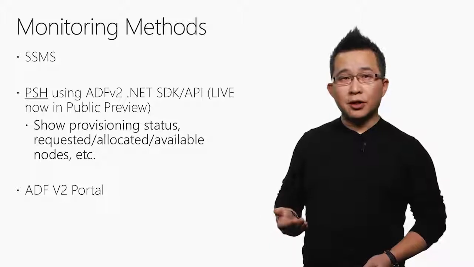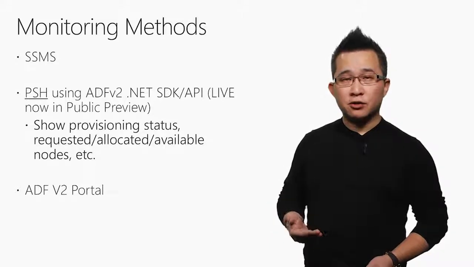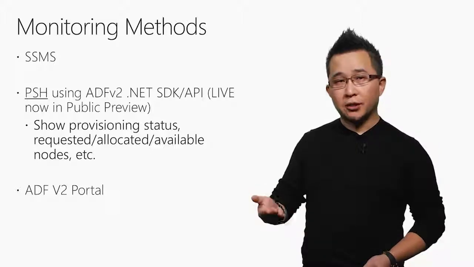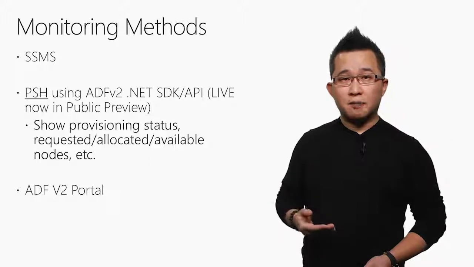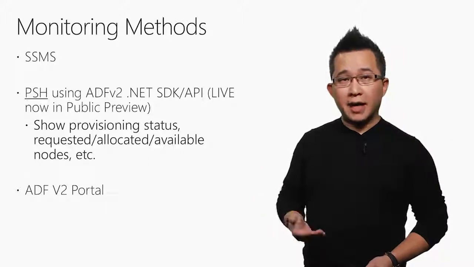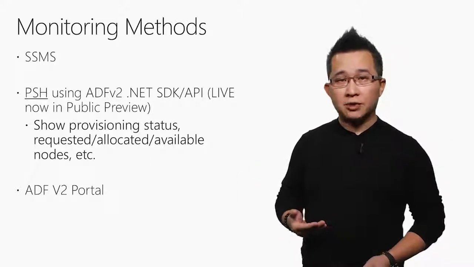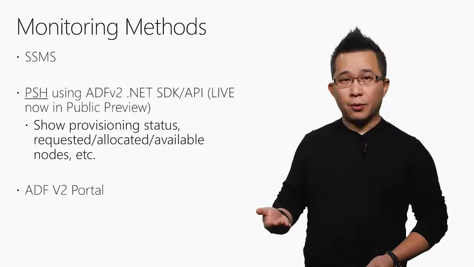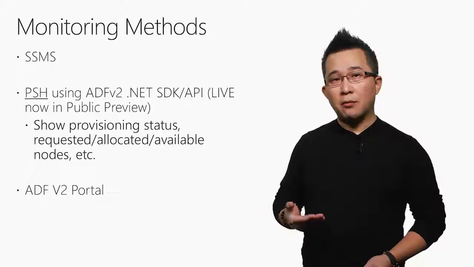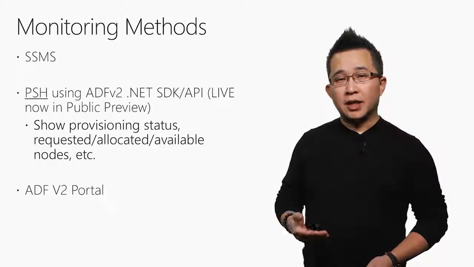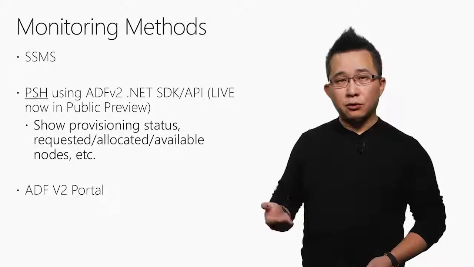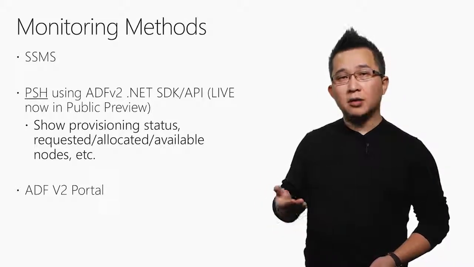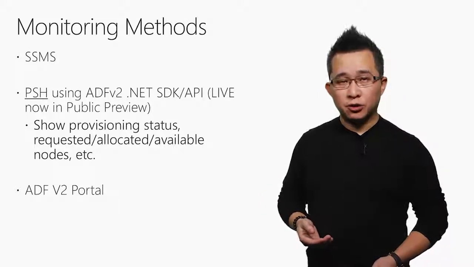Now, in order to monitor the package execution status or the IR status, there are different ways you can do it. First, you can use SSMS to monitor the package execution. Second, you can also use the PowerShell script provided by ADF v2 to monitor the IR status, in terms of whether the IR is running or not, how many nodes are available, etc. In the future, we'll also provide the ADF v2 portal to allow you to monitor both the IR status as well as the package execution status.